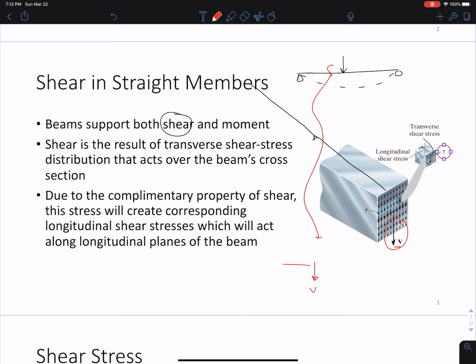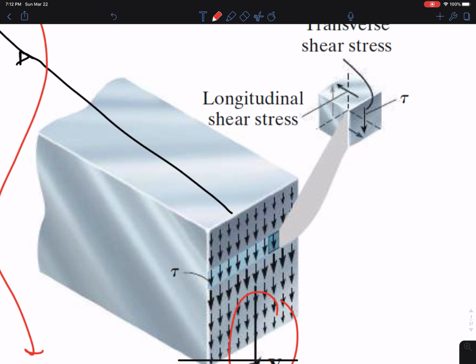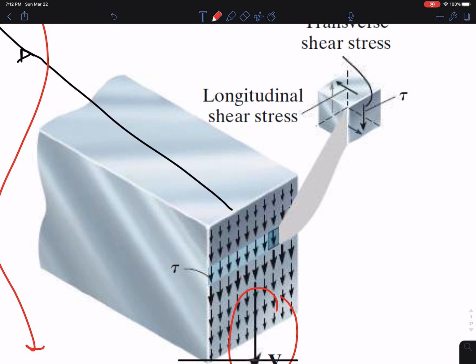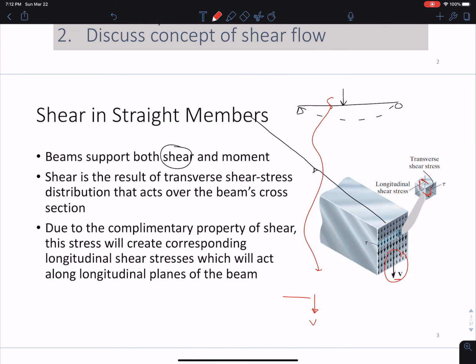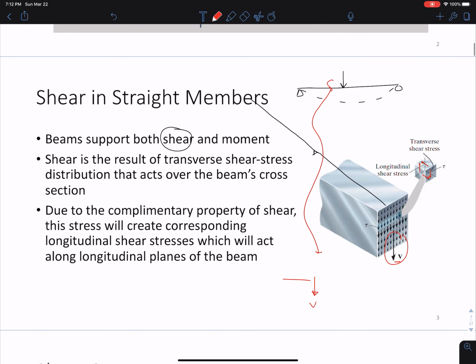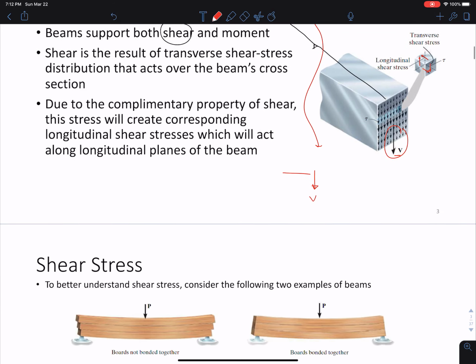So if we isolate this tiny element here, I'm going to zoom in right here, we have shear stress tau that acts on all these faces in these equal and opposite directions. Okay, so there are some important things we have to recall from previous classes, like statics, and from previous topics, like topic 2 from this class.